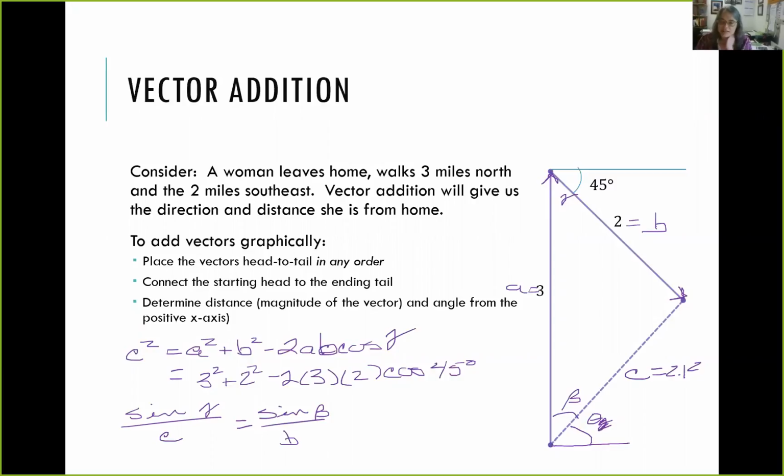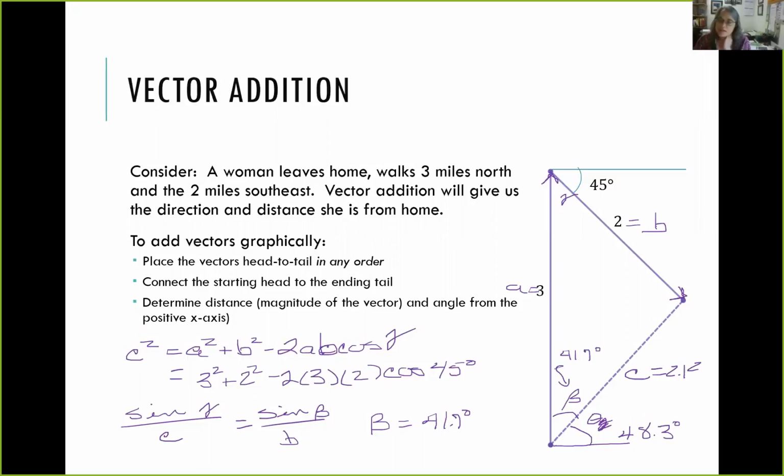We can solve this. We know gamma is 45 degrees. We now know c. We're looking for beta. We know b. And what we end up with is beta is 41.7 degrees. This guy here is 41.7 degrees. And this guy, that means this angle here is 48.3 degrees.